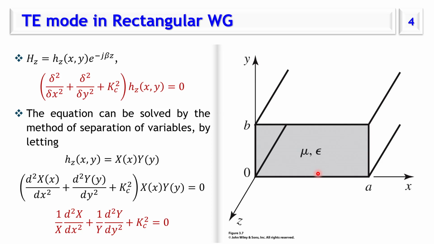Ex equals 0 at y equals 0, Ex equals 0 at y equals b, Ey equals 0 at x equals 0, Ey equals 0 at x equals a. And one more thing, we are always assuming that a is larger than b, so we are assuming the x direction is the longer side of the rectangle.